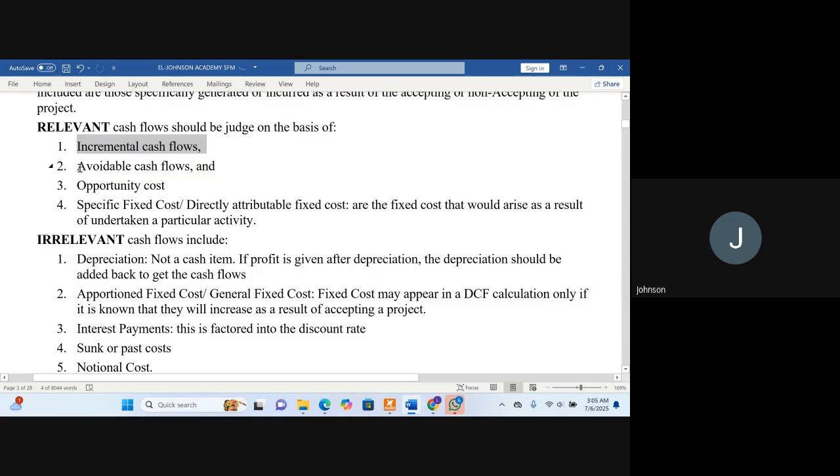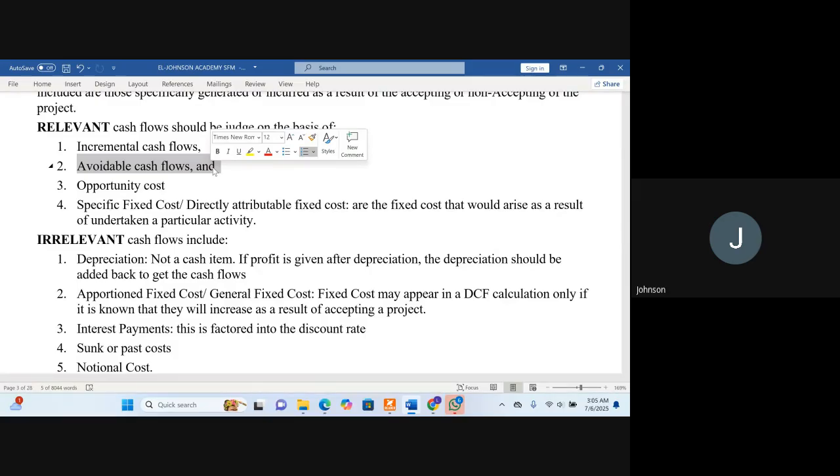Avoidable cash flows. I also gave an example yesterday. If a student should call me and say, Mr. Johnson, please come and take us on the island, I'll say, okay, what is the cost of transportation to the island? Because I don't have a business on the island.